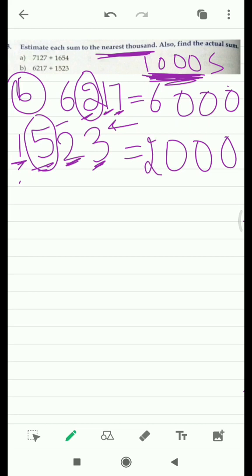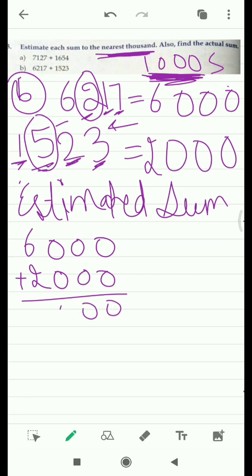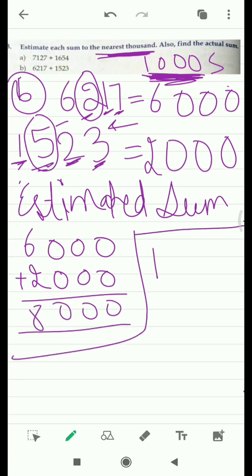Now we have to find the estimated sum, and it's 6,000 plus 2,000, 8,000. Now we have to find the actual sum.